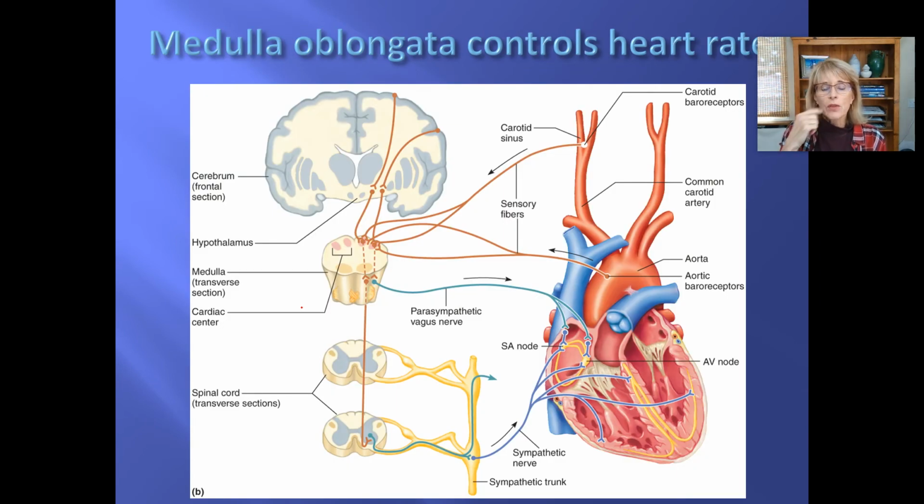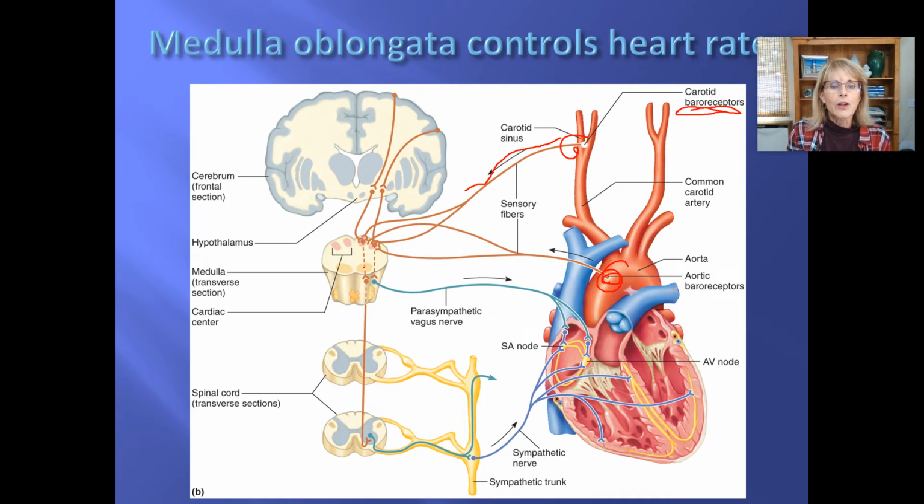Let me show you what that is going to look like. So we've got some areas here. We've got mechanoreceptors. Up here, we've got mechanoreceptors. And these mechanoreceptors that measure your blood pressure are called baroreceptors. And if this artery was being stretched a lot, then they would send a lot of action potentials going, ow, ow, ow, ow, ow, I'm being stretched too much.